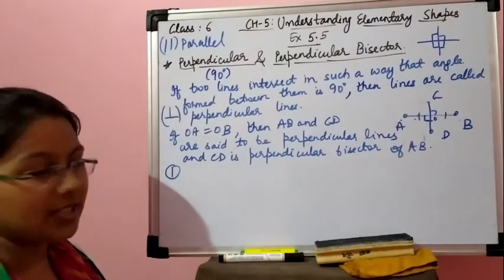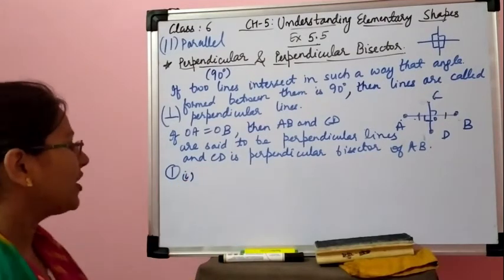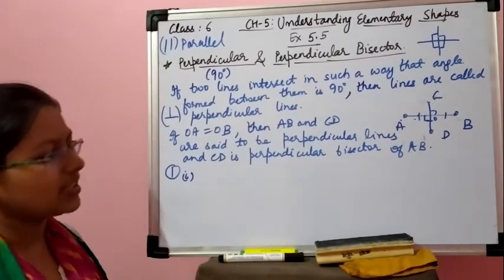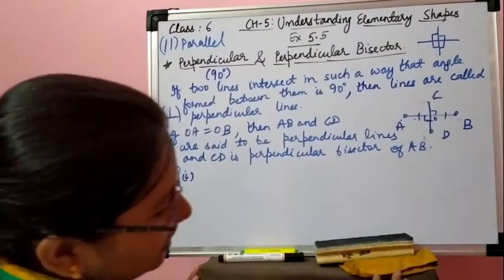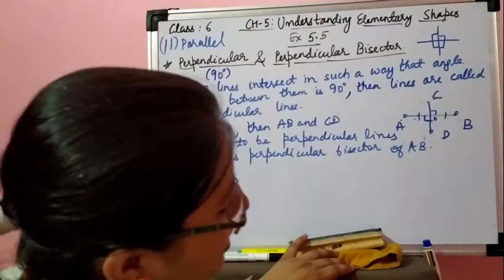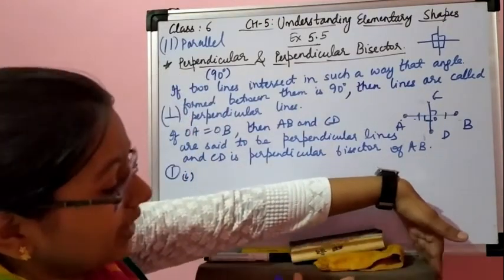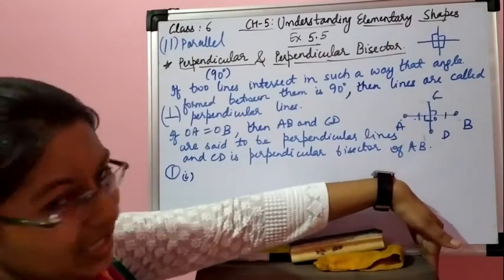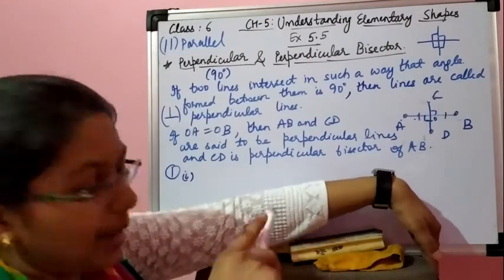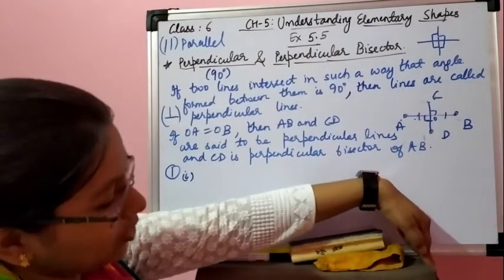You are given some examples. Which are the models for perpendicular lines? First one, the adjacent edges of a tabletop. You can take this as a table. This is one side of it. These two are the adjacent sides of the table. Adjacent means side by side. Opposite means facing each other. We have discussed this in basic geometrical ideas also.